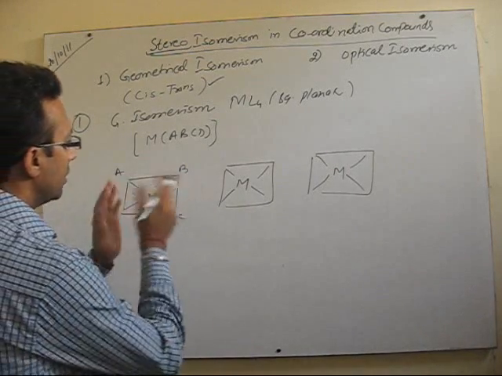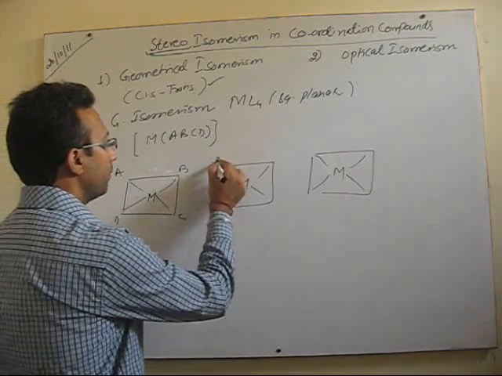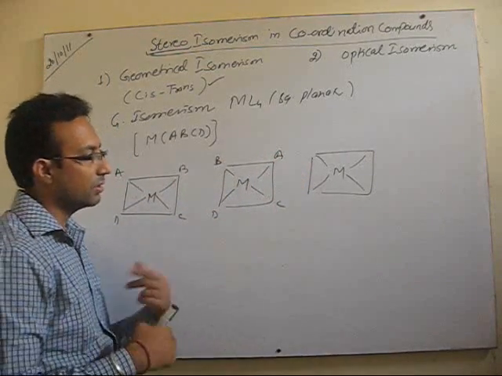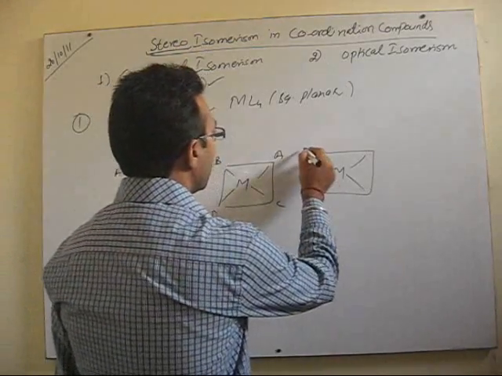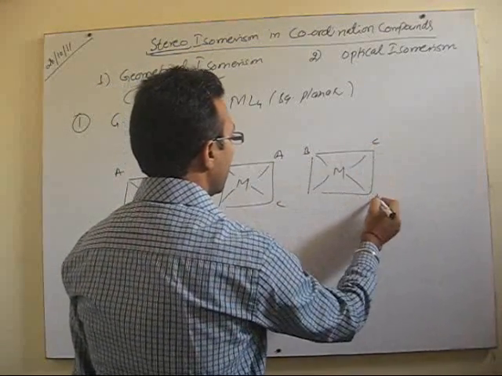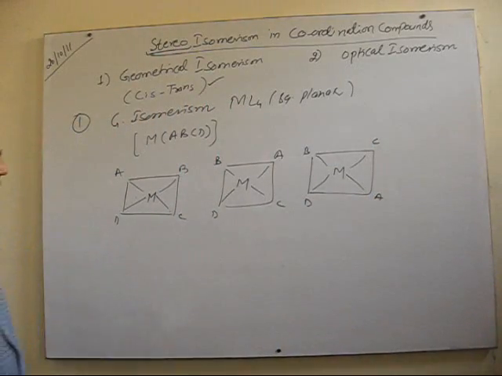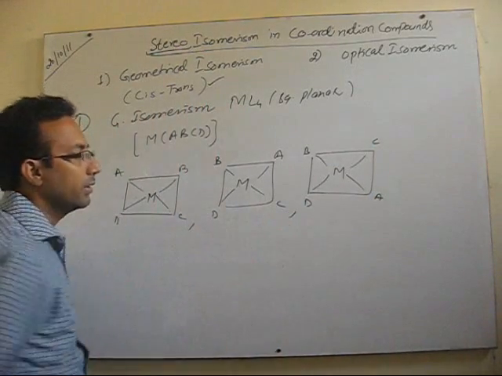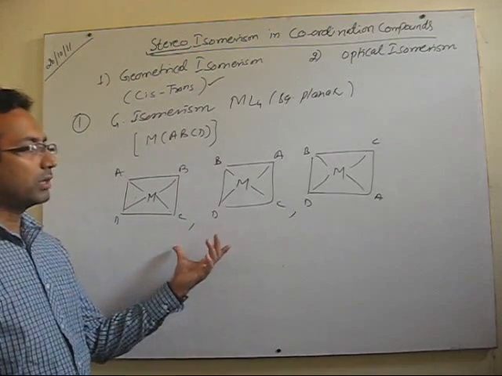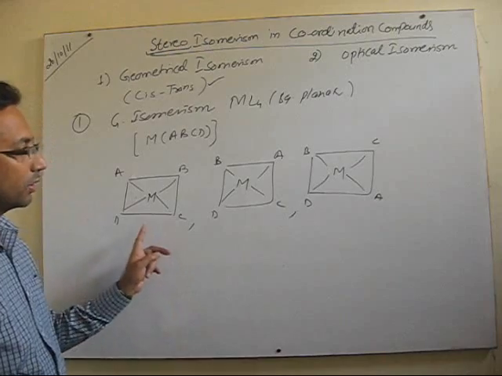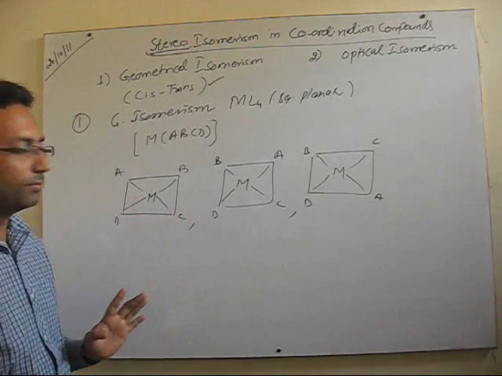Now I am exchanging A with B: B, A, C, D. Now I am exchanging C with A: it is B, C, A and D. Fine? So these three isomers are created. We need not call them cis and trans isomers, but they are considered geometrical isomers because in each case the environment of A is different.